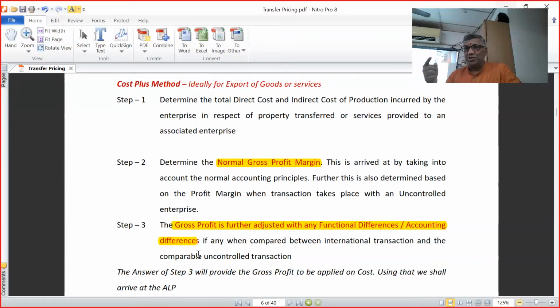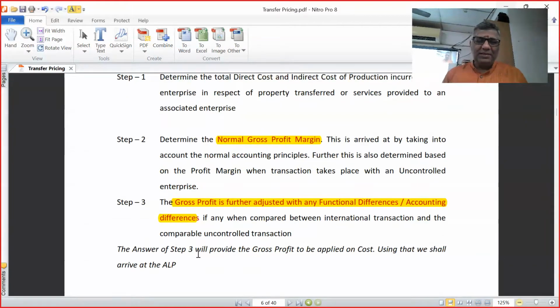We have studied this in our young days. So the answer of step 3 will provide the gross profit to be applied on cost. Remember, this is the key thing for the whole aspect. Using that, we will arrive at the arm's length price.